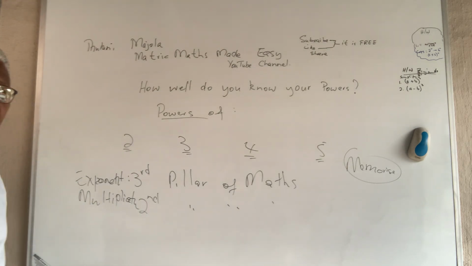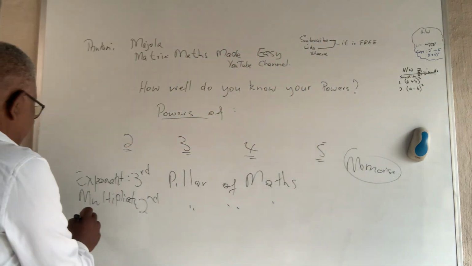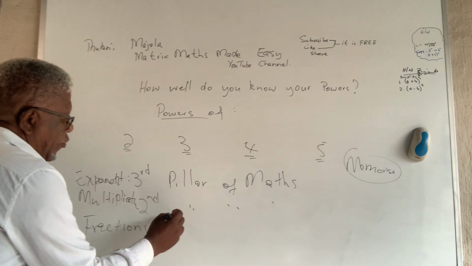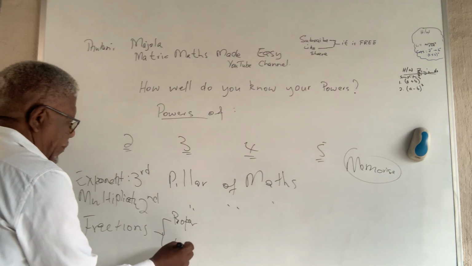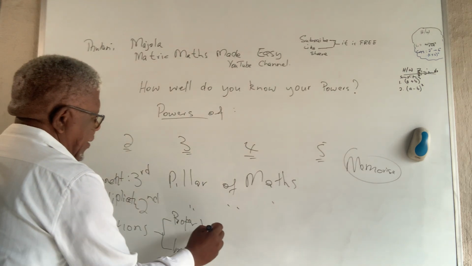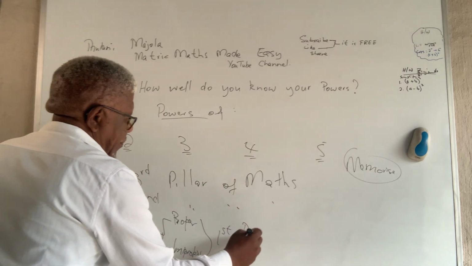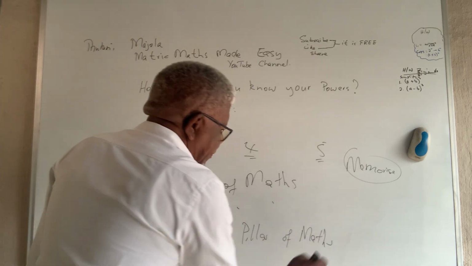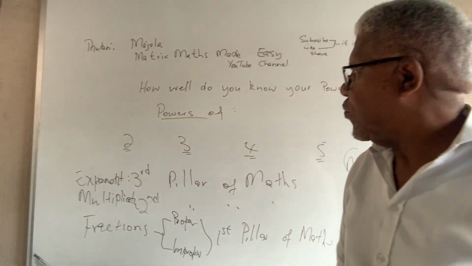And the first one, we dealt with in the real number 16, so fractions, where you got proper and improper fractions. So this is the first pillar. If you know these 3 pillars, you'll never go wrong. Maths will just be a cruise. It will be very easy for you.